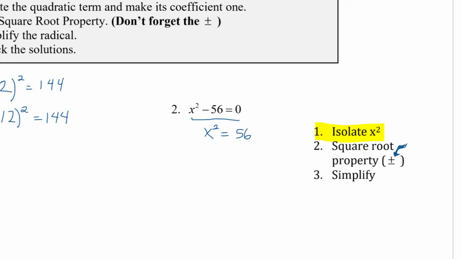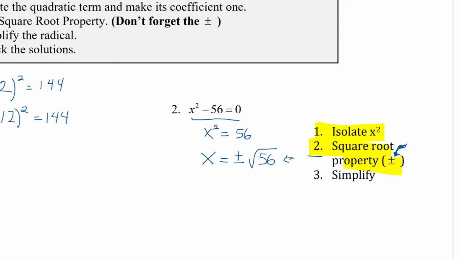Okay, so x equals plus or minus square root of 56. That's the step in which you're actually applying the square root property, with the plus or minus. So that's step number 2 is the one that we just looked at right here, right?